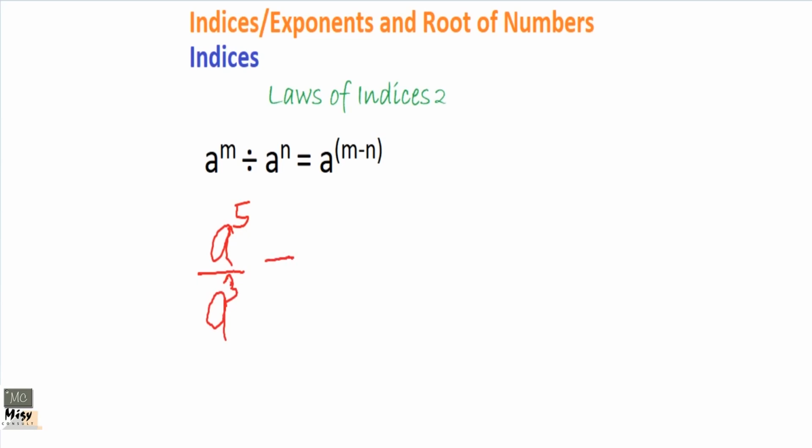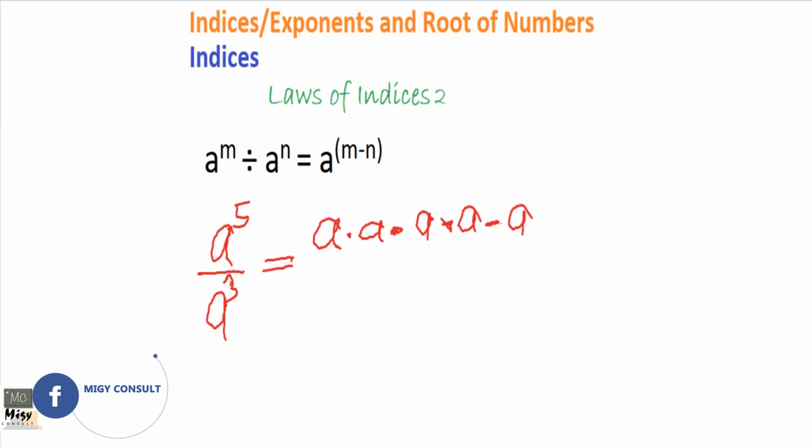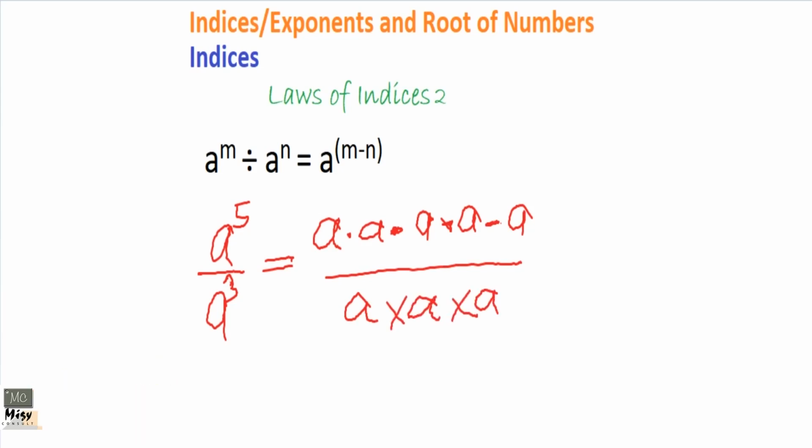So it will be equal to what? You know, a raised to the power 5 is a times a times a times a times a, 5 times, divided by a times a times a. How many times? 3 times.